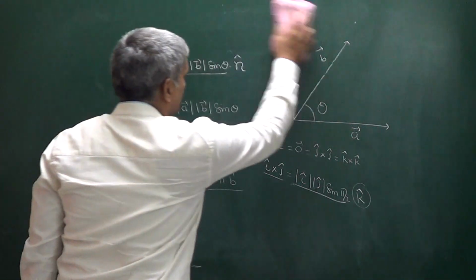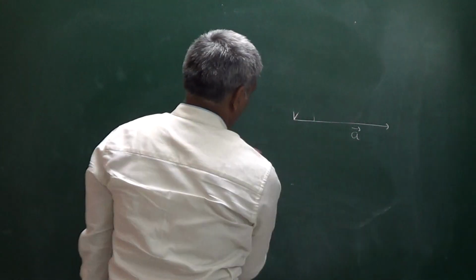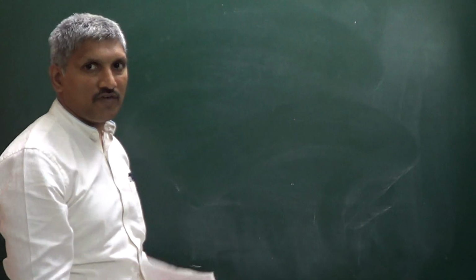So with the help of this, now we can find out the vector product in terms of its components.